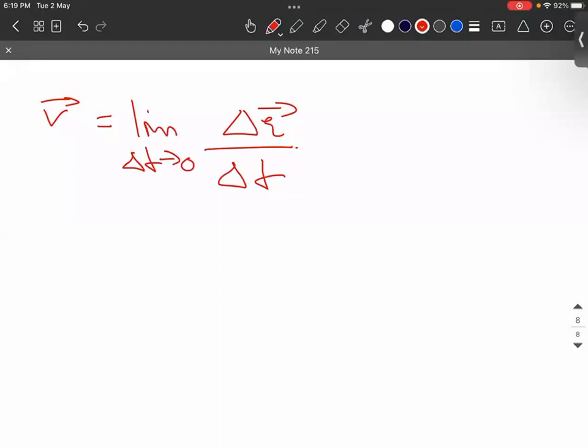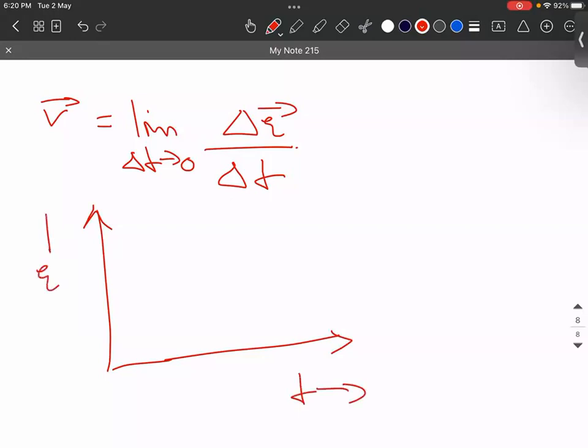So the idea is that I have time along my x-axis, correct? I have position along my y-axis. Let's say my position is changing like this. Okay. So what does delta mean? Delta R by delta T. Delta means I'm going to change.